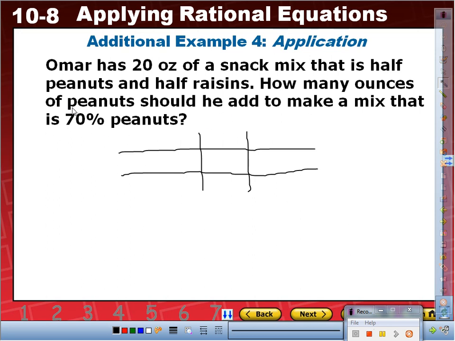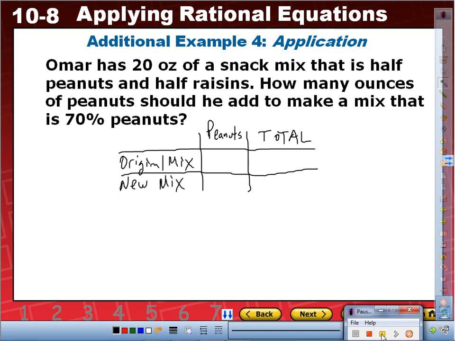Peanuts. So here on top, I'm going to write peanuts. Total. Here, I'm going to write the original. And then from here, I'm going to write the new mix. Copy that, please.